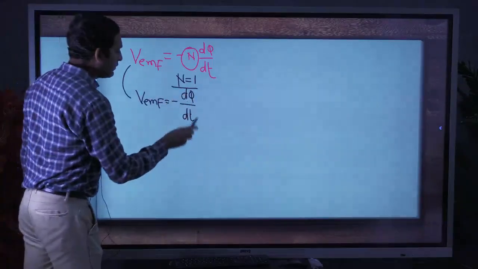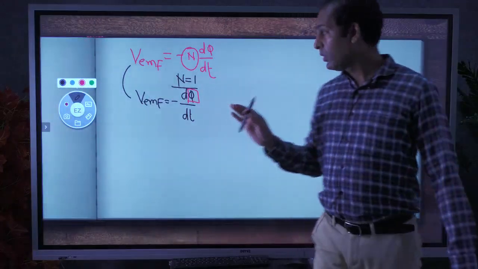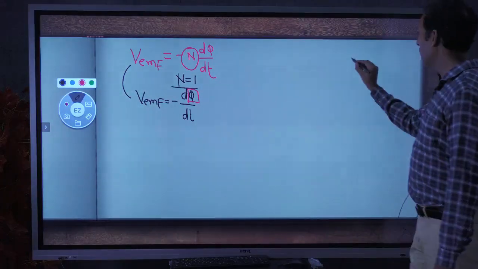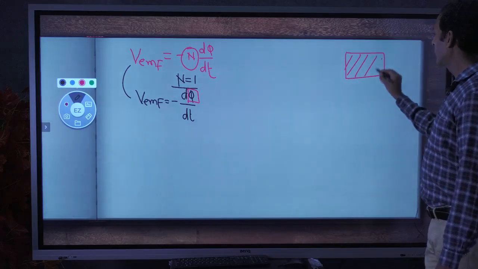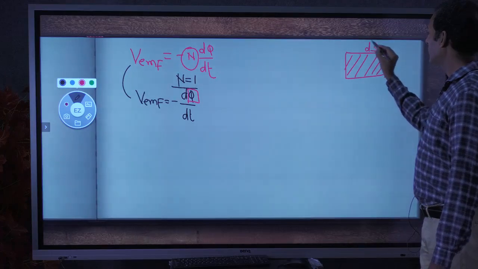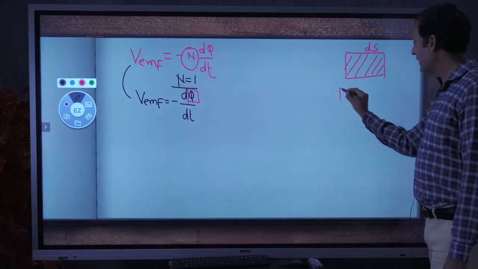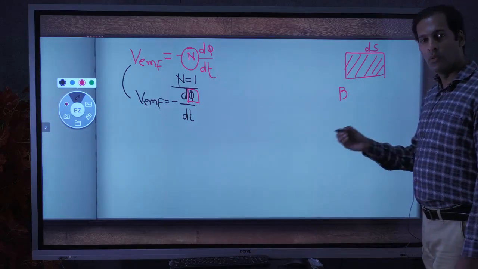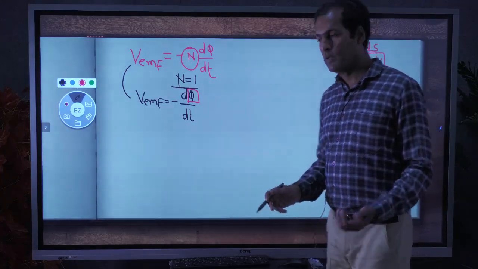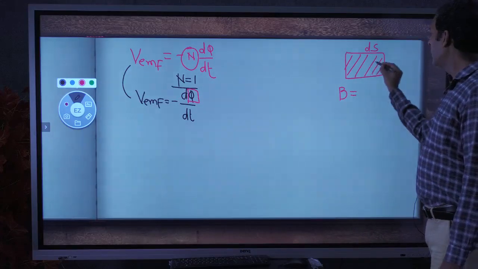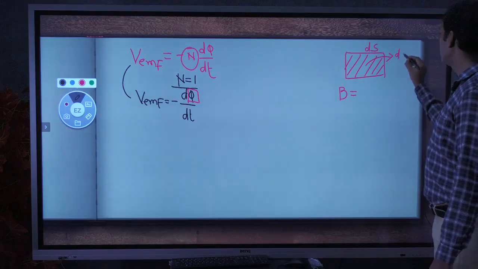Now let us focus on this phi. What is this phi? This is magnetic flux. If we want to explore it in terms of a surface, let us imagine there is a surface having some differential value, that is ds. The magnetic flux density is given by B. The magnetic flux density is the flux per unit area, so it will be equal to the flux enclosed by this small differential surface, that is, differential phi.